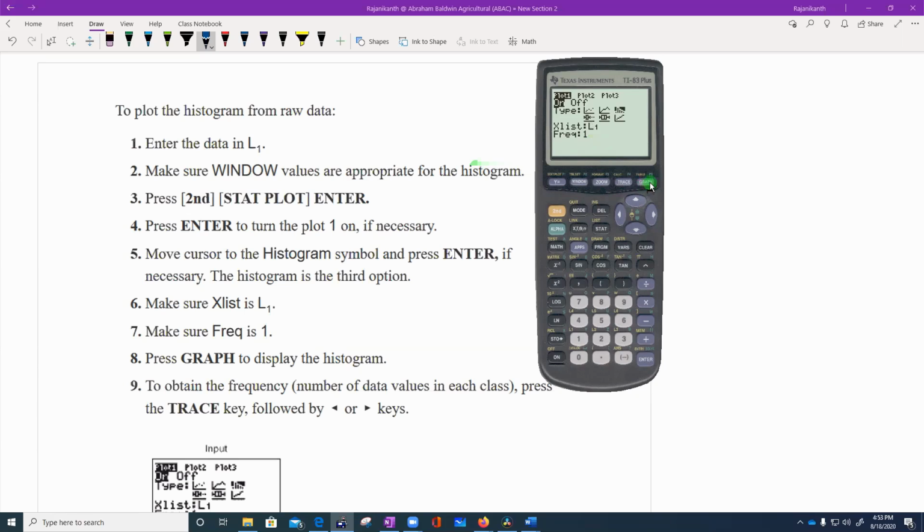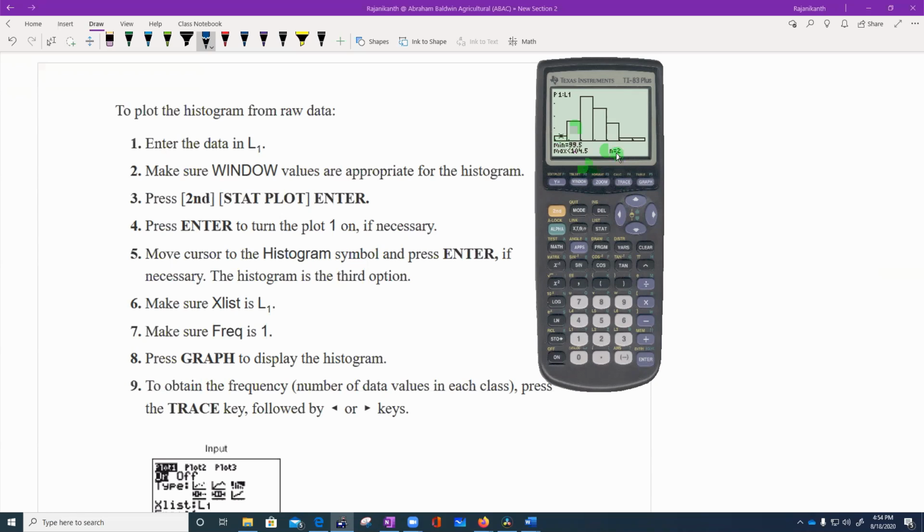Click the graph button. You see now, I got a nice histogram, right? But you don't see any values. If you want to check the values for the corresponding bars, simply hit the trace button here. It will give you the values for each box. Remember, here n stands for the frequency, little f.